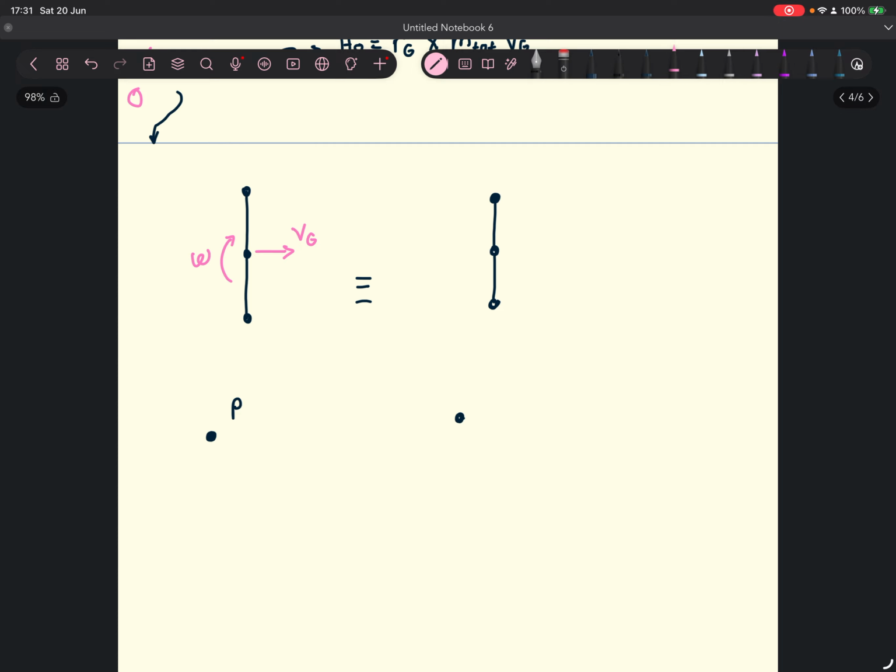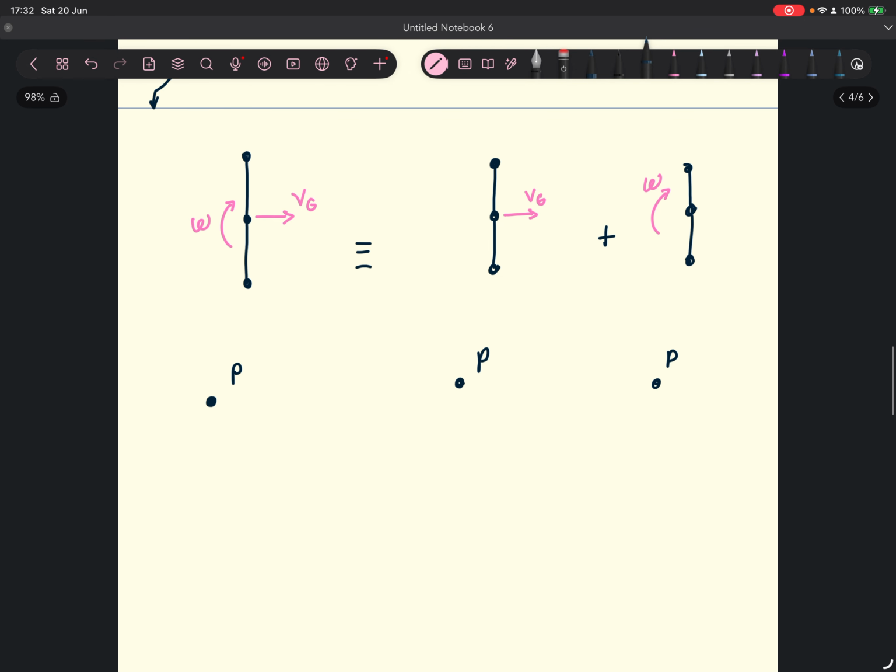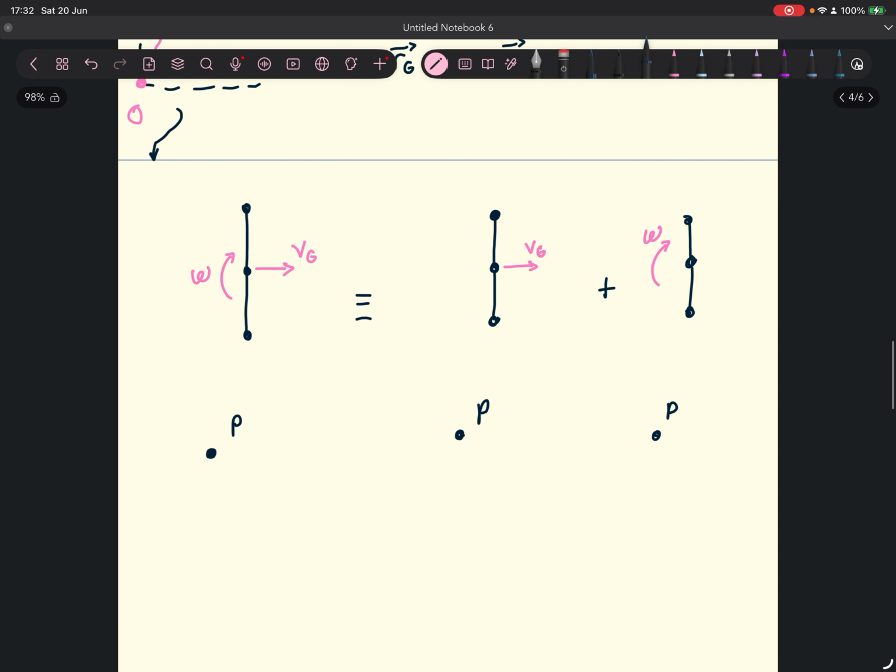But we're going to divide it into two sort of scenarios. So this thing will be translating, and it's also going to be rotating, right? And in each scenario we want the angular momentum about point P, right?